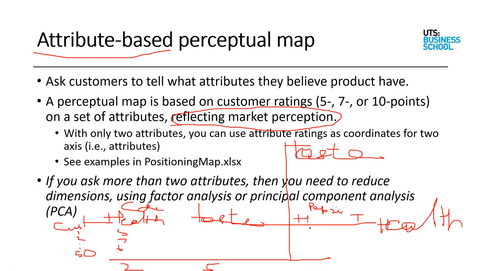The average rating that 50 customers have given to Pepsi on health is, let's say, 3, and on taste it is 4. So you can plot these two dimensions, health and taste, and see how Coke and Pepsi stand.